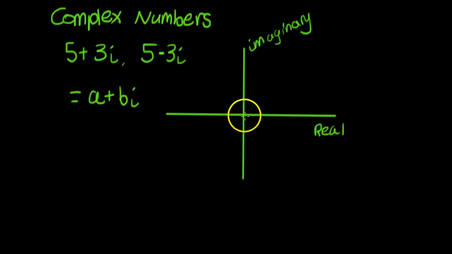So 5 plus 3i, we would graph by counting positive 5 on the real axis: 1, 2, 3, 4, 5, then positive 3 on the imaginary: 1, 2, 3. This is going to be about here. Whereas 5 minus 3i would be down here: negative 1, negative 2, negative 3.